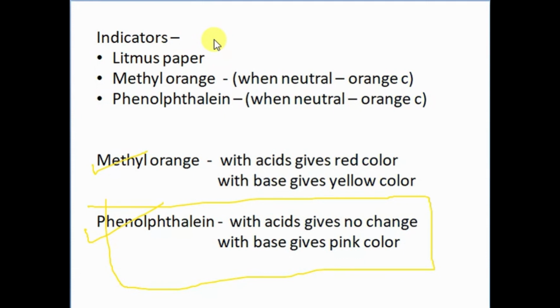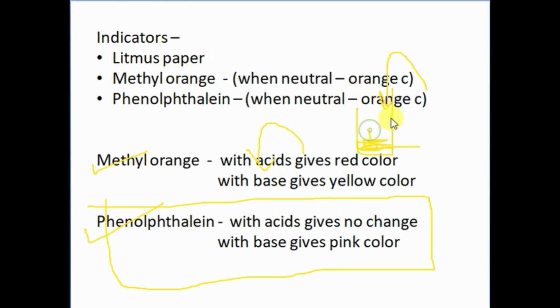Two or three bottles are there; you take one bottle and take a little bit of that solution in another test tube. You don't know whether this solution is acidic or basic in nature. Now in this test tube you add a little indicator, so you will add 1 or 2 drops of phenolphthalein indicator.